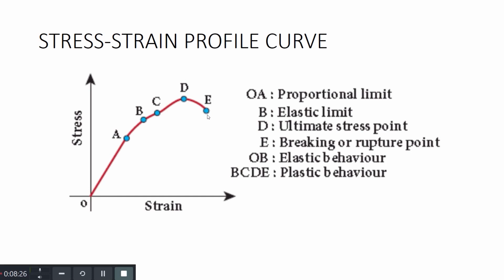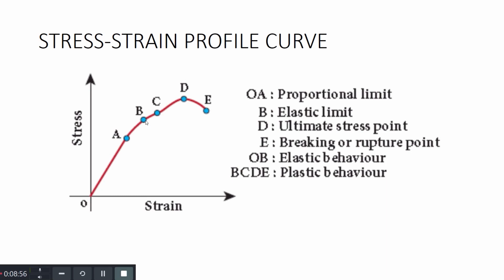Is that clear? So from point B up to point E is the plastic behavior of the material, from point O up to point A shows the proportional limit, where Hooke's law is valid, and from point O to B shows the elastic limit.